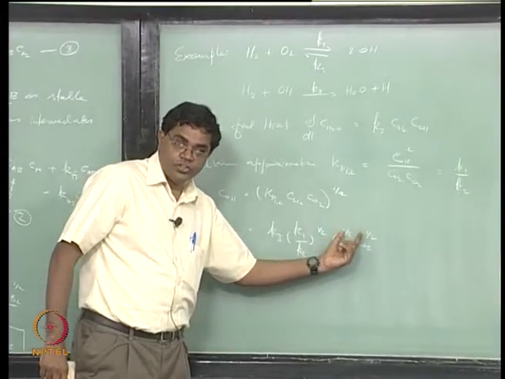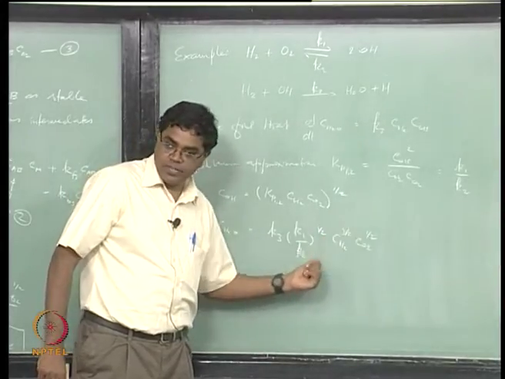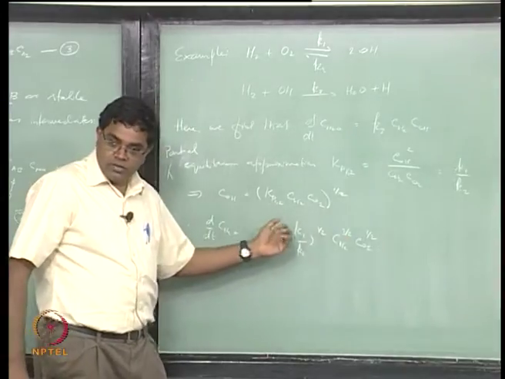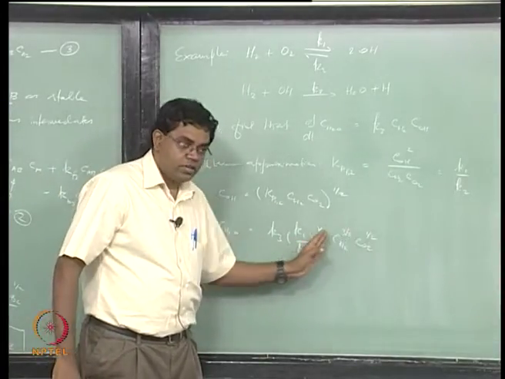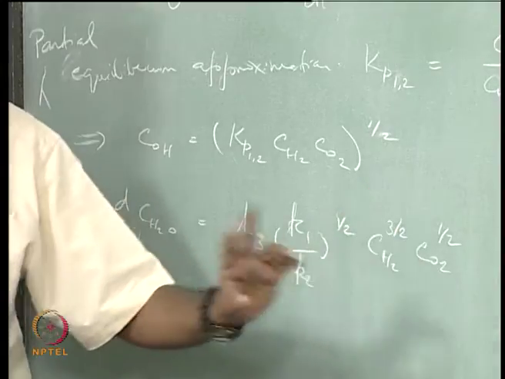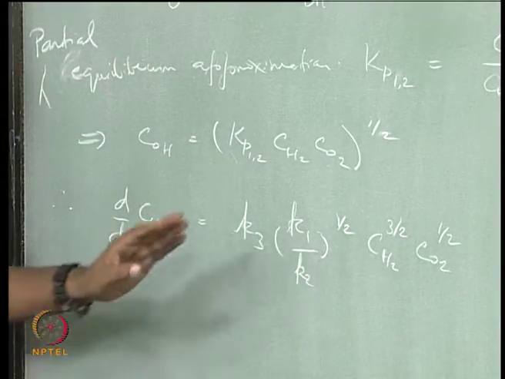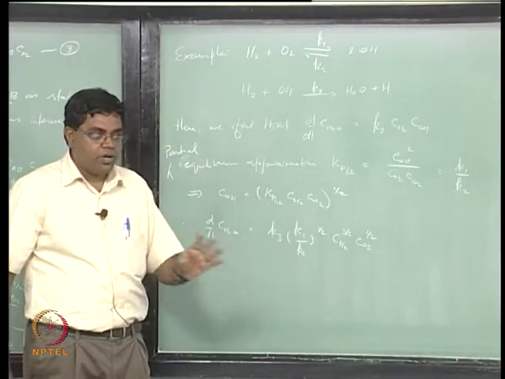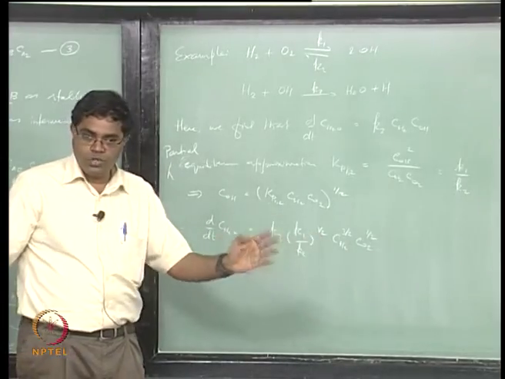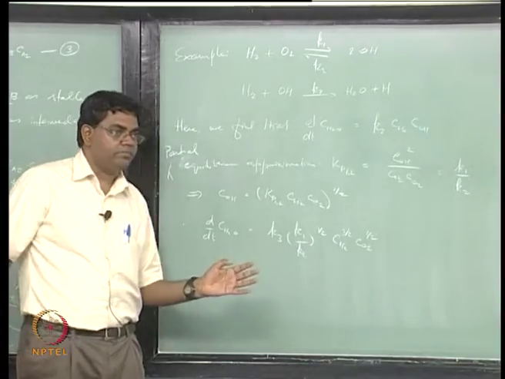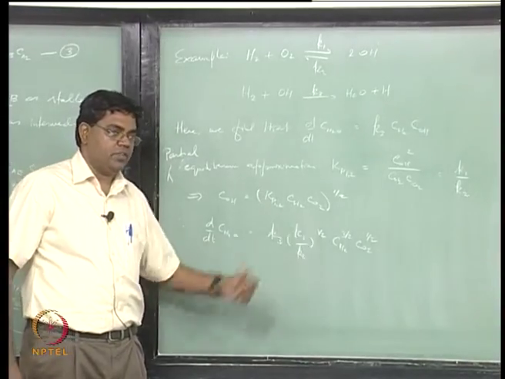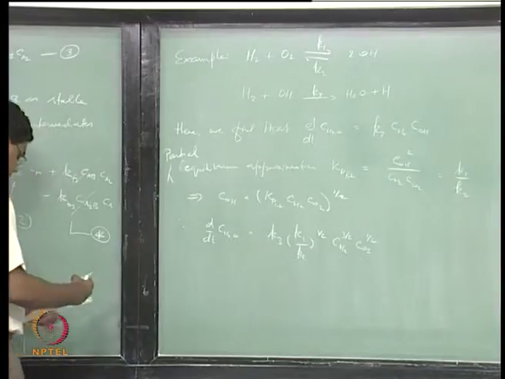These are now the orders with respect to H2 and O2 respectively. Together, if you look at the total order, 3/2 plus 1/2 is 2, so you can easily see that this is like a second order reaction, alright, but the division between the fuel and the oxidizer is not equal. That's a lesson that we learned from these things.